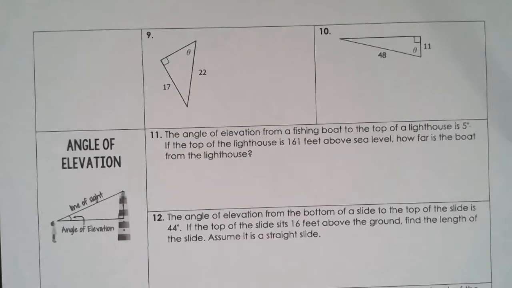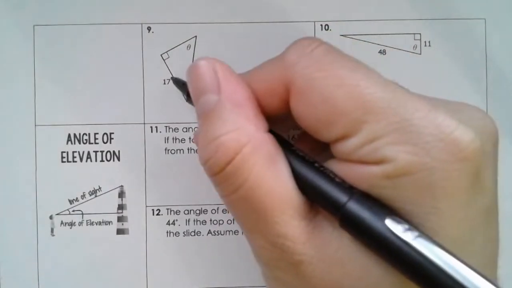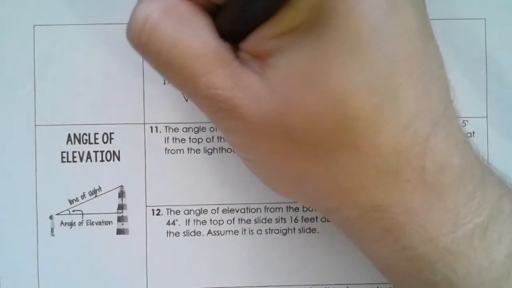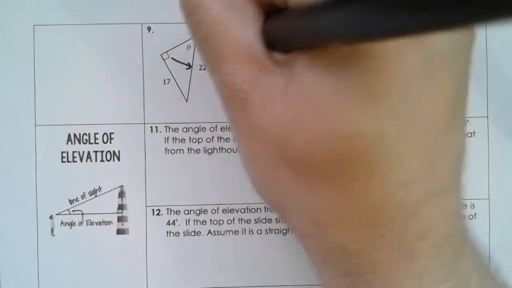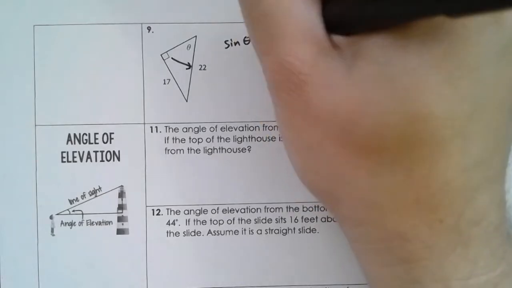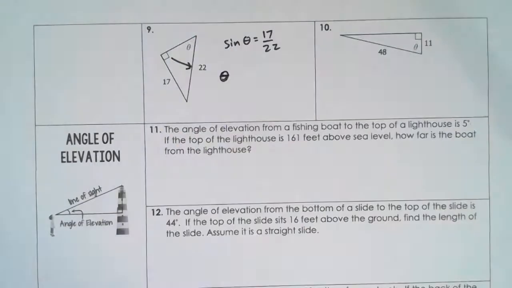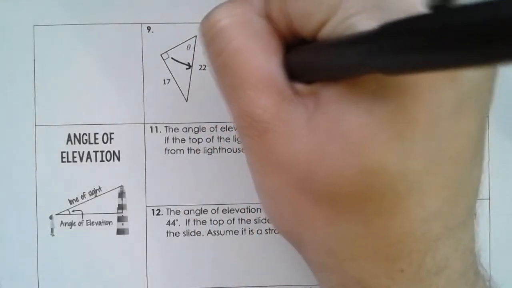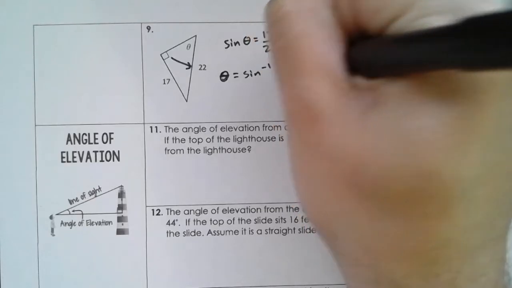Number 9, theta is given, opposite side to theta is given, and my hypotenuse is given, so this is sine. Sine of theta is equal to 17 over 22. So then theta is equal to sine inverse of 17 over 22.